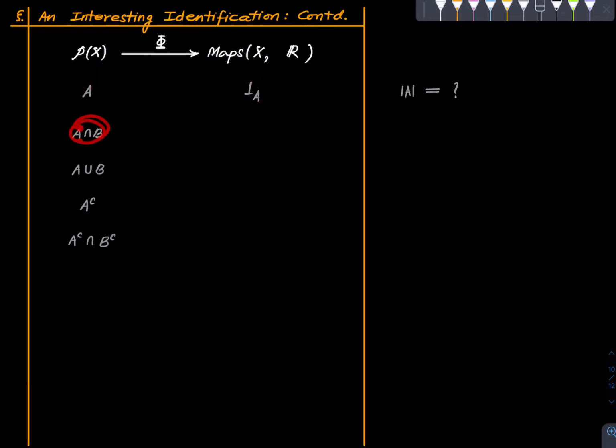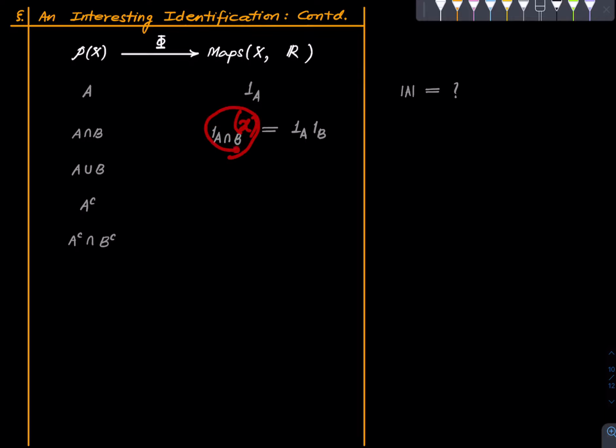And what happens to A intersection B? Well, by definition, it is the indicator of A intersection B. But here is the point that you should note. This is the same as the product of the indicators of A and B, right? When does this give you a 1? When you feed x to it.